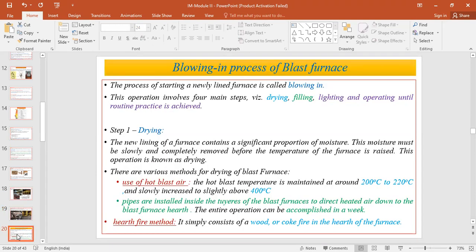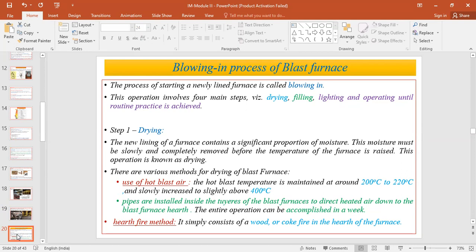Okay. Now we will discuss the blowing in process of the blast furnace. If you are commissioning a newly lined blast furnace, or if the blast furnace is shut down for any reason and you are restarting it, then we need to follow a sequence of operations, standard operating procedures.